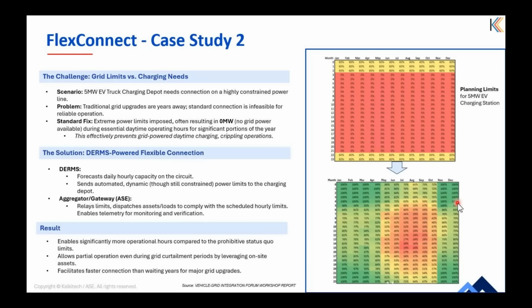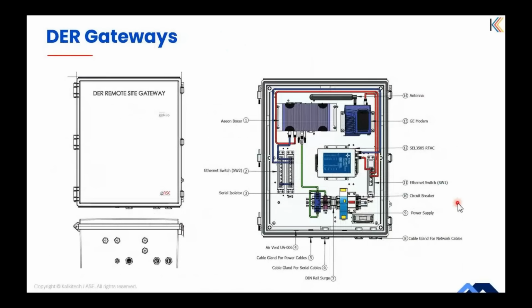Okay, moving on. Let's talk a little bit about the DR gateways and controllers, which are getting deployed in the field. This is the essential hardware component that sits at the customer side. It is a physical device supplied by AC that acts as a crucial link between the customer's energy assets and the utility control system via the aggregator.